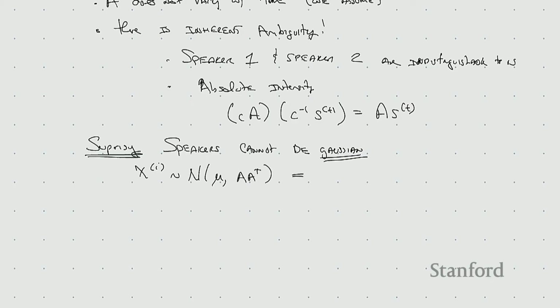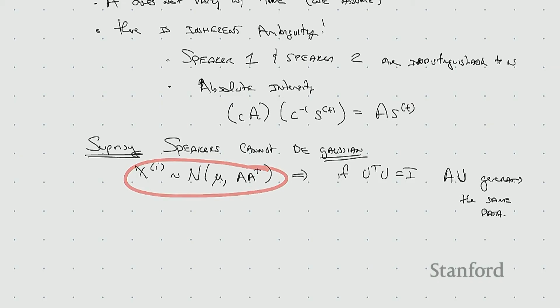But then as we saw before, if UTU equals I, then AU generates the same data. What does that mean? It means that any rotation of A generates the same data multiplied by U. And the reason it happens is because the data here are rotationally invariant, because their covariance matrix is A times A transpose. And that is not sensitive enough to tell about all these rotations. The same reason we loved Gaussians, because they were rotationally invariant, means that by symmetry we can't recover anything in this problem.